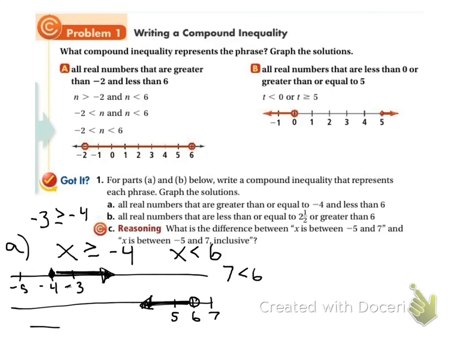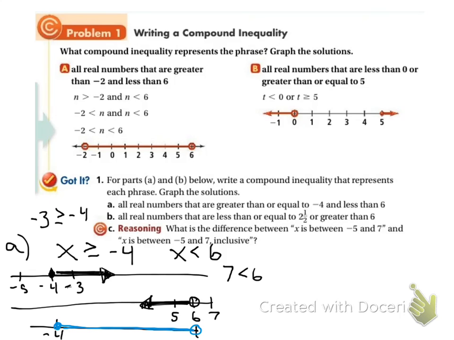So now when I combine these, I've got an open circle at 6, closed circle at -4, and I connect them in between here. I'll do this in a color. So open circle at 6, over here at -4, I've got a closed circle, and I connect them.